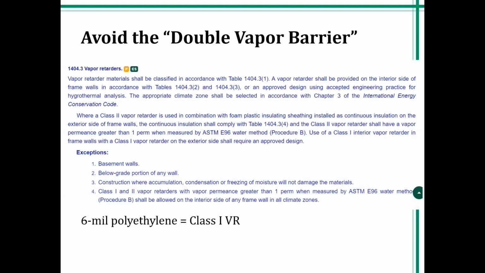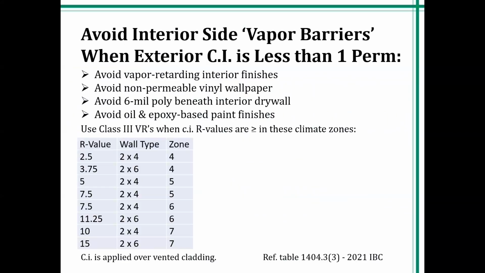A vapor permeance greater than 1 is not a vapor retardant, it's actually a class 3. So avoid interior side vapor barriers, quote unquote, when the exterior continuous insulation, specifically the XPS insulation, I should clarify, is less than 1.0 perms. Avoid vapor retarding interior finishes.